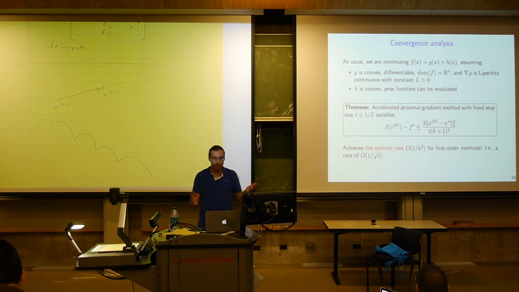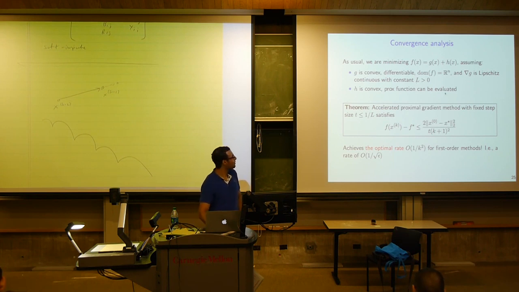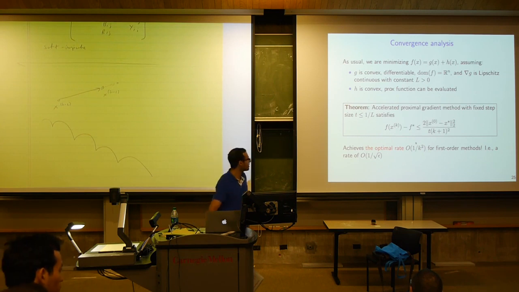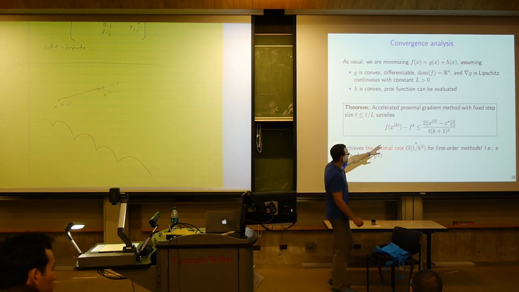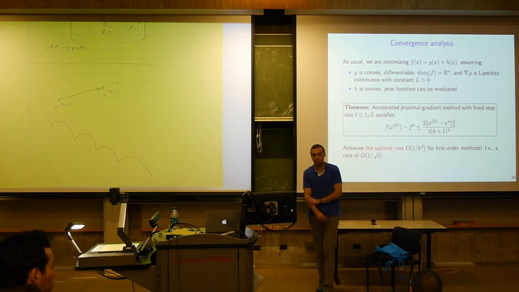If we have the same setup as we've been considering for proximal gradient, g plus h with g smooth and convex, grad g Lipschitz, and the prox function of h being tractable, then if we take a fixed step size, anything less than or equal to 1 over L, we get a very similar result to proximal gradient, except with the key difference that k in the denominator has been replaced by k plus 1 squared.